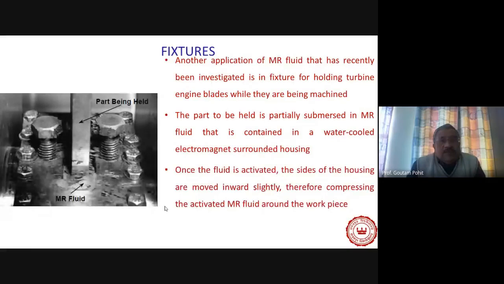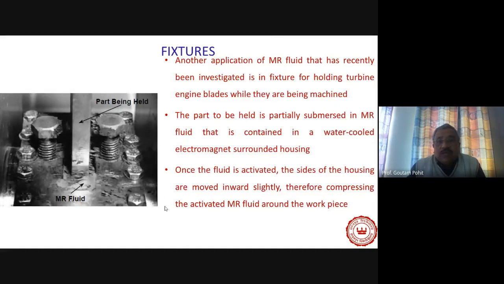Sometimes different kinds of fixtures can also use MR fluid as an aid to fix something. Here is shown a fixture recently investigated for holding turbine engine blades while they are being machined.